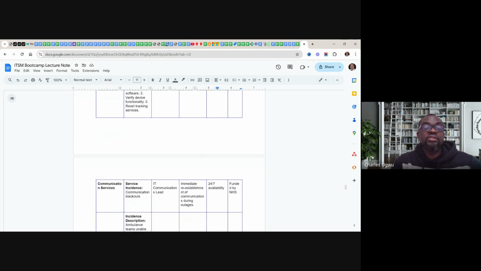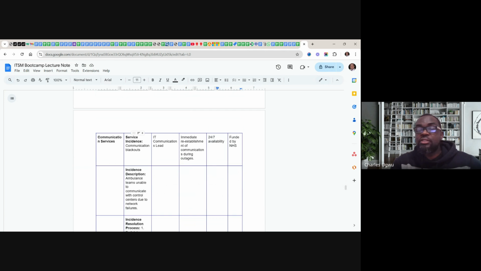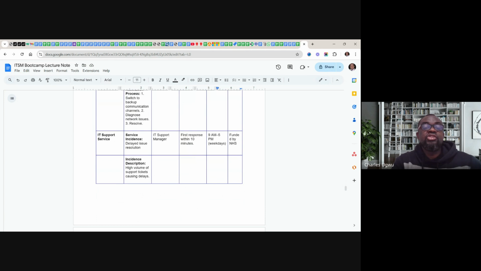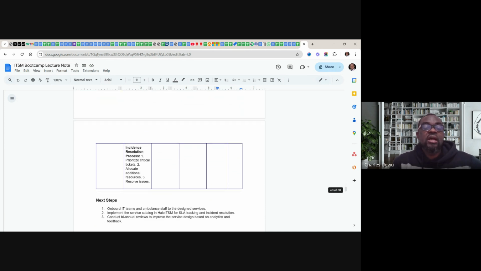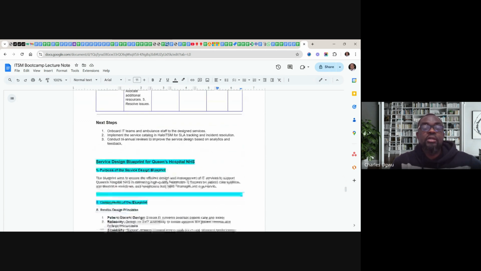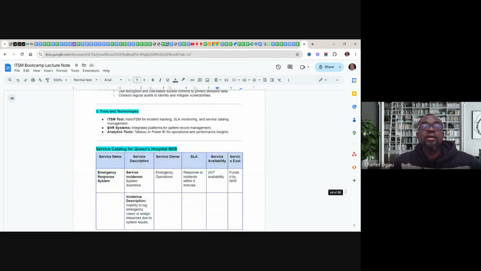These are various services. We have communication service, and then we have IT support service, and that is it for London Ambulance.